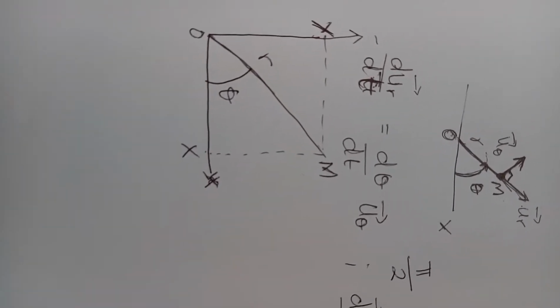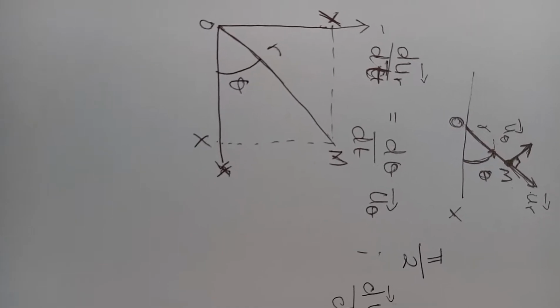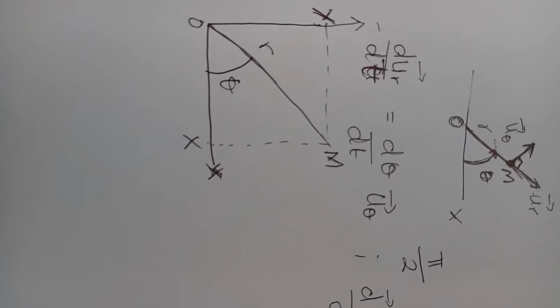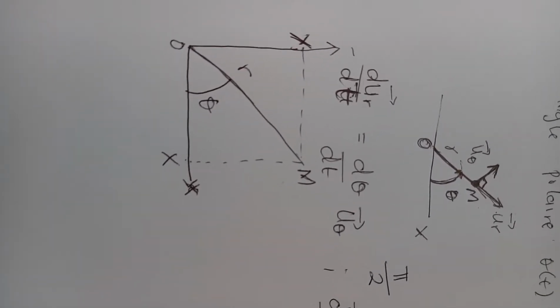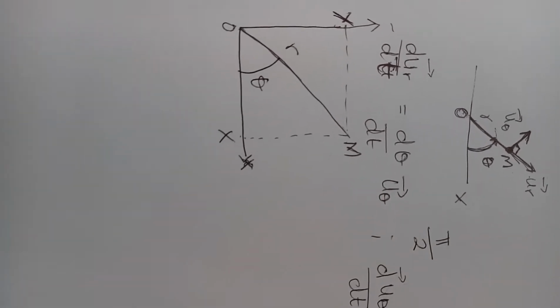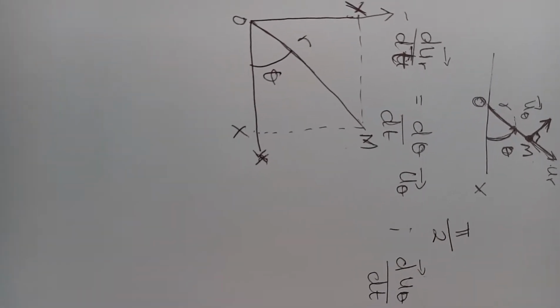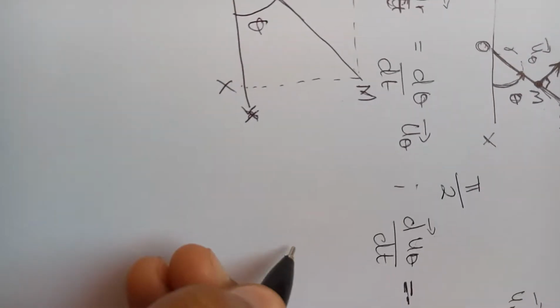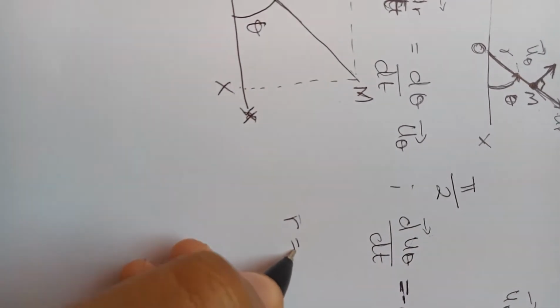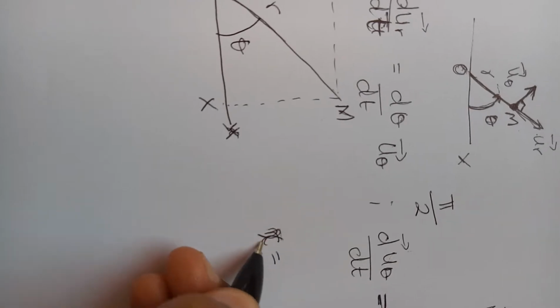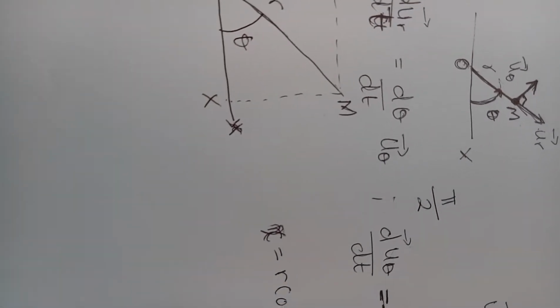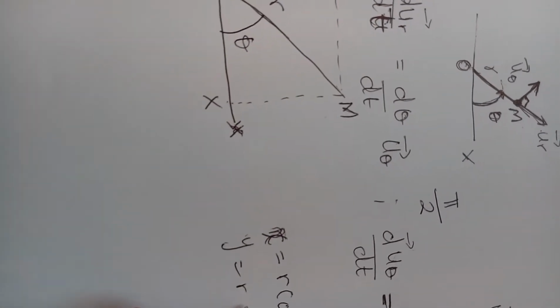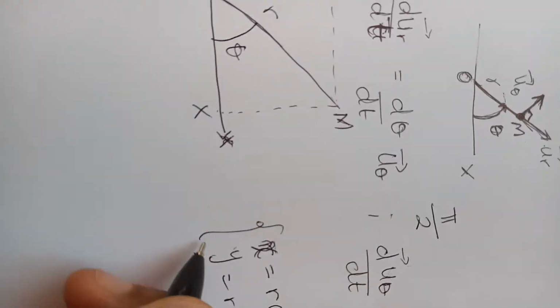That's our polar coordinates, do not forget that, please. So our polar coordinates r and theta of the point M are given by this relation: x is equal to r cosine theta, and y is equal to r sine theta.